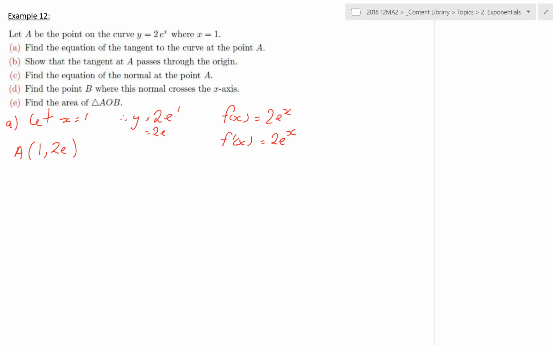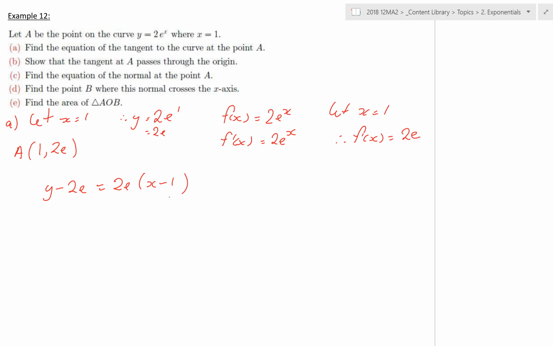The magic of exponential functions. Now we're going to say let x equal 1, therefore my gradient is equal to 2e. Gradient's 2e. Now we can say y minus 2e equals 2e into x minus 1.